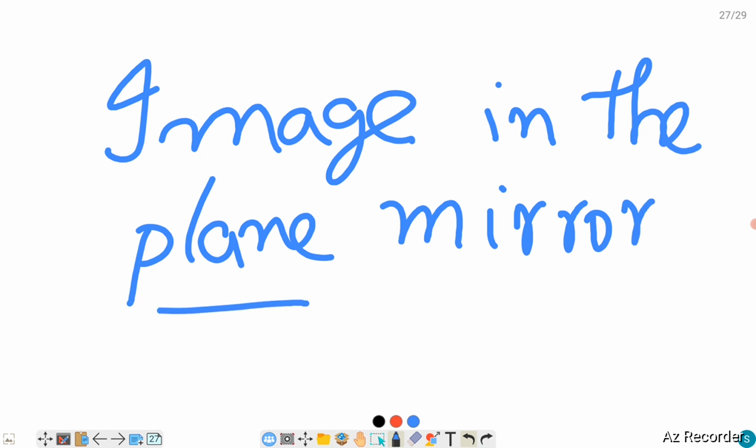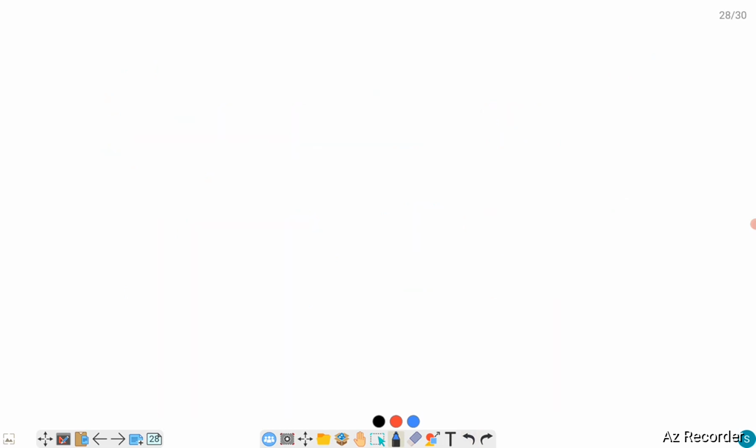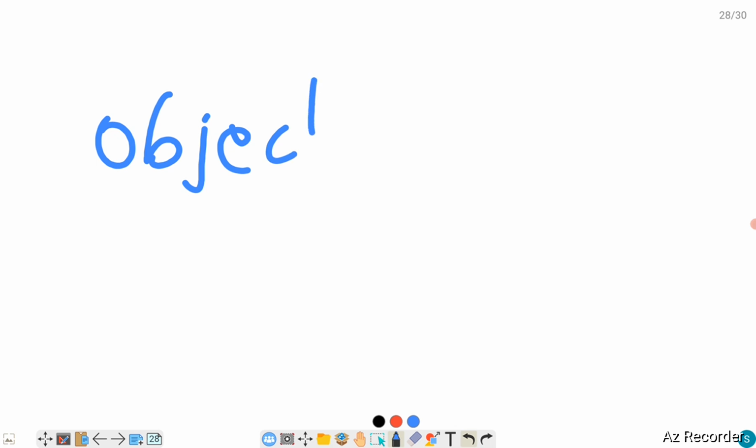Then what is required to get the image in the plane mirror, we will see. Now whenever image we are getting, there is an object. That particular object's image only we can see in the mirror. Now here object means from where we take the light rays.